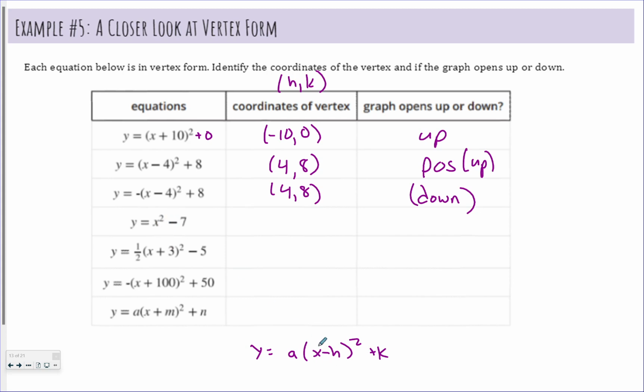So again, if this h isn't there, what value can you use? 0. And what is the value of k? Don't change the sign: -7.